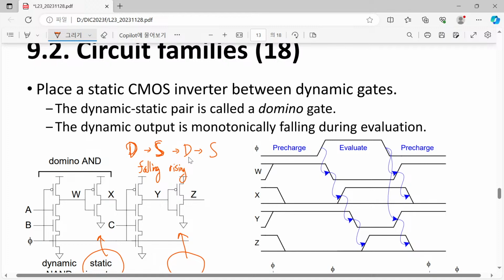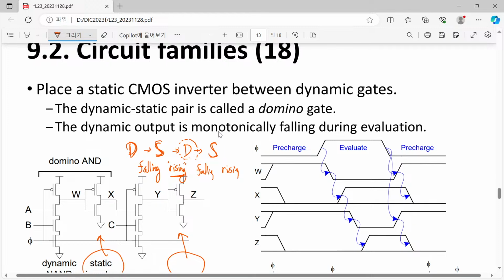So from the viewpoint of this second dynamic gate, the input is always rising. After that, it also generates a falling signal. However, that is recovered by this CMOS inverter once again as a rising one.